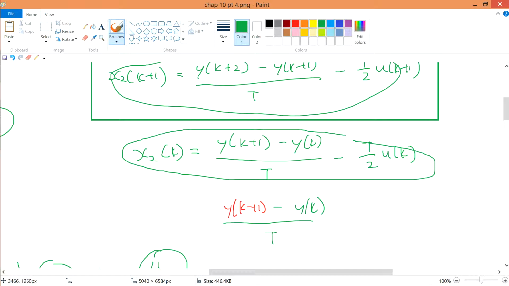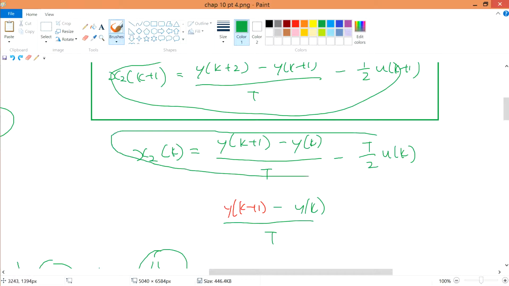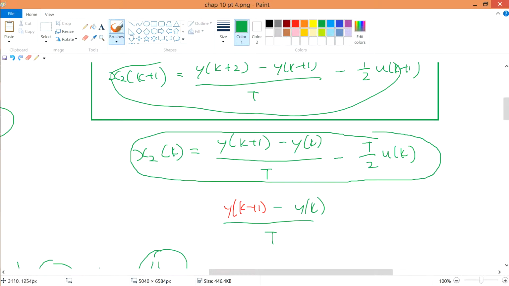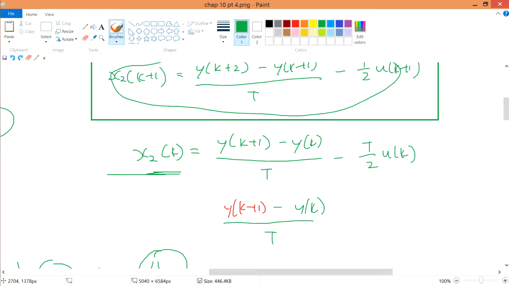So just click back a few minutes and rewatch how I get this thing, because I forgot to say. But anyway, this thing over here is your x2k. It's something that he named. So I can simply rewrite this term in terms of x2k and this thing.